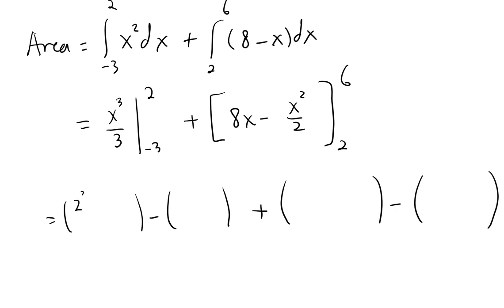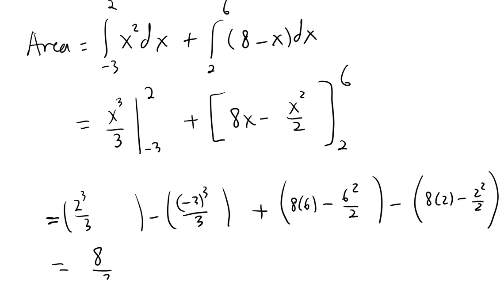Put the 2 in: 2 to the third over 3 minus -3 to the third over 3. Next one, 8 times 6 minus 6 squared over 2, and 8 times 2 minus 2 squared over 2.